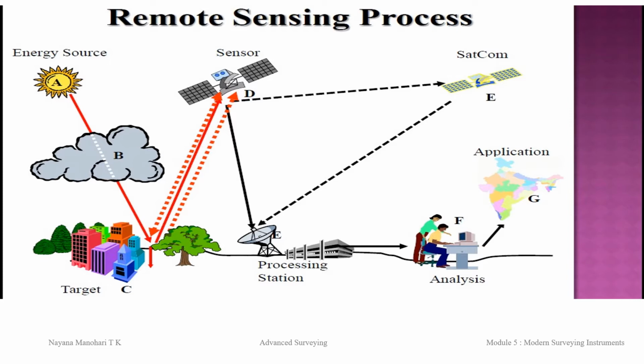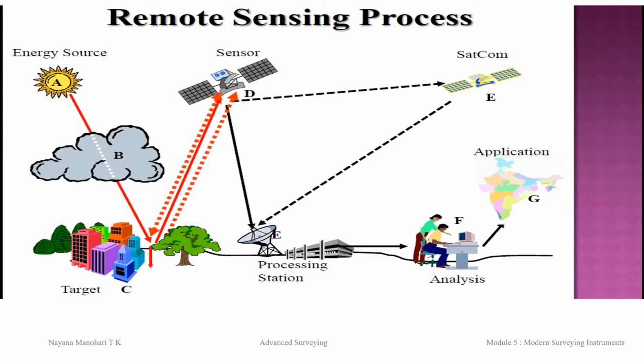Next, a very important thing is the working principle of remote sensing, or the remote sensing process. You can observe here in the figure, there are seven elements in remote sensing. A is the energy source. B acts as a medium, that is the atmosphere, and C is the target, and D is the sensor.